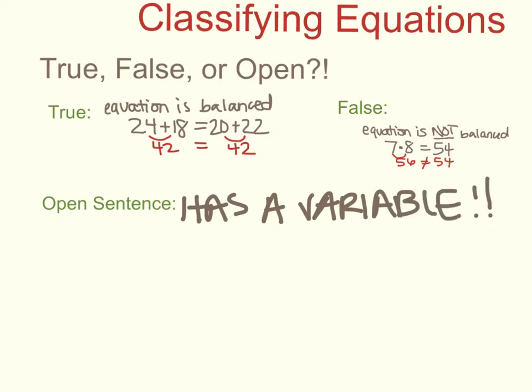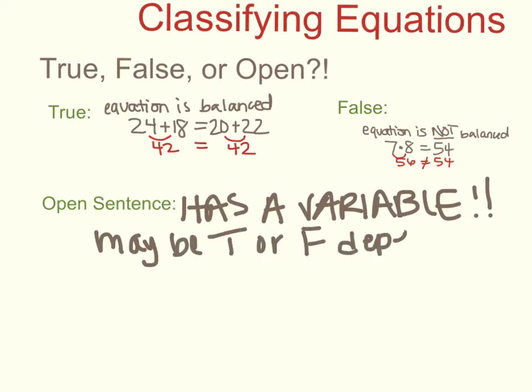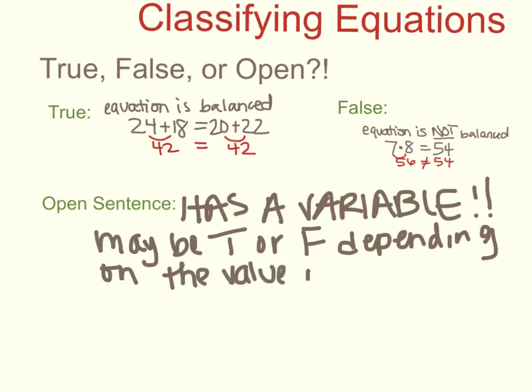Okay, if it has a variable, it is automatically an open sentence. And because of this variable, it may be true or false, depending on the value of the variable.